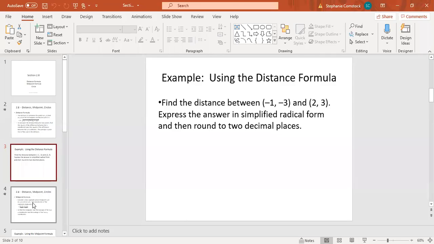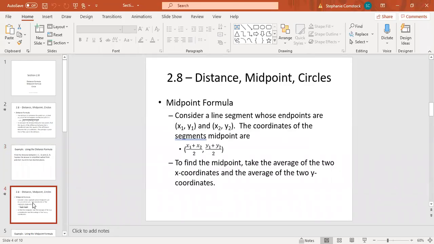Okay. Now, the next thing is midpoint. Now for midpoint, this is another formula that I do give you. For midpoint, you are going to add your x's and divide by 2, and then you're going to add your y's and divide by 2.